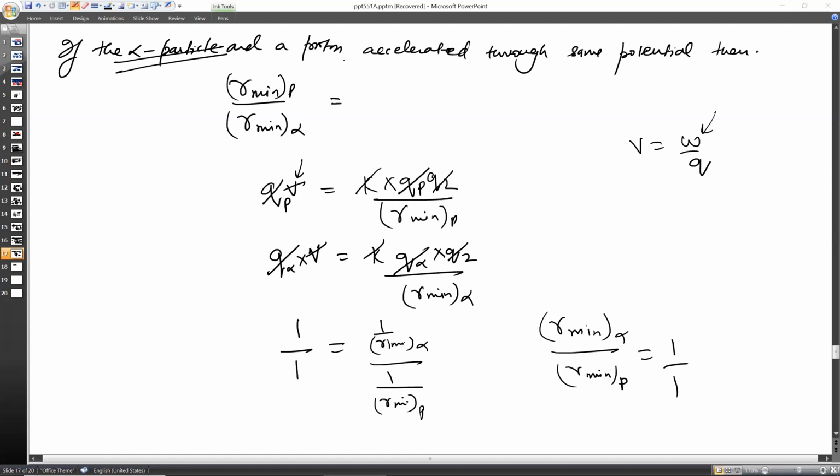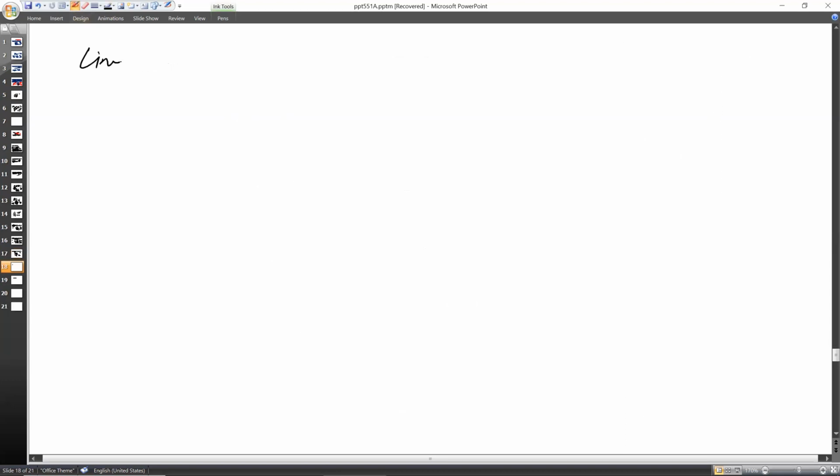Now, what are the limitations of the Rutherford model? I have already told you that in the Rutherford model there was a limitation: he said that electrons revolve around the nucleus. But according to Maxwell's theory, if a charged particle revolves around another charged particle, then due to attraction it will keep on losing its energy and finally collapse into the nucleus.